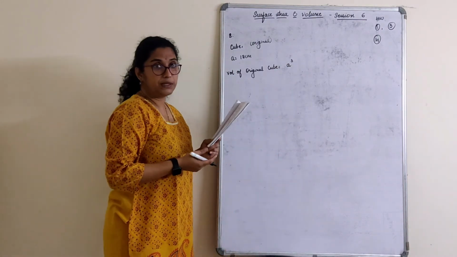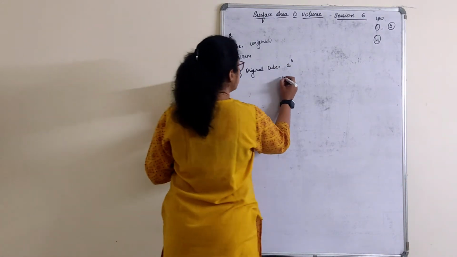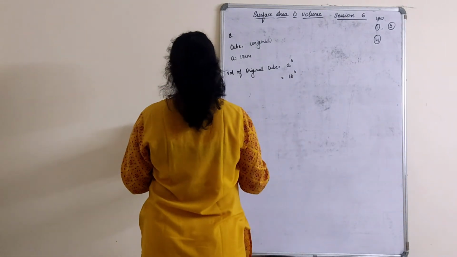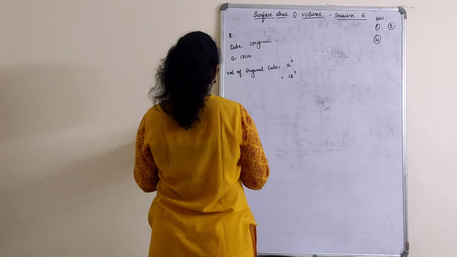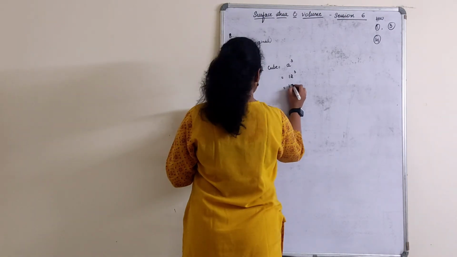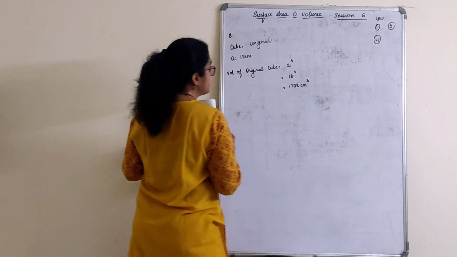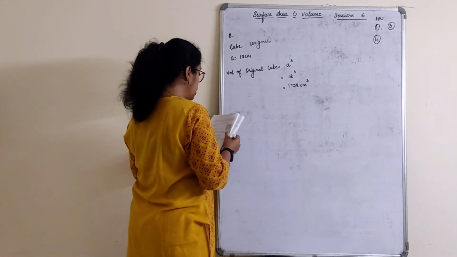Let the side of the cube be A, so A cube. That is nothing but 12 cube, which is 1728 centimeter cube. Keep this as it is. This is the volume of the original cube.